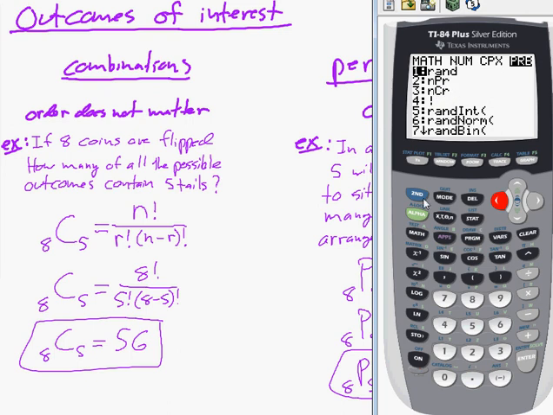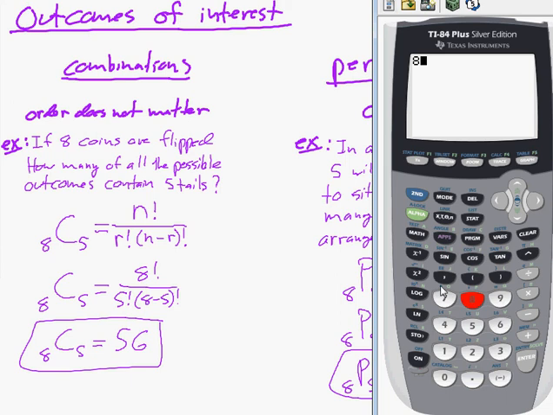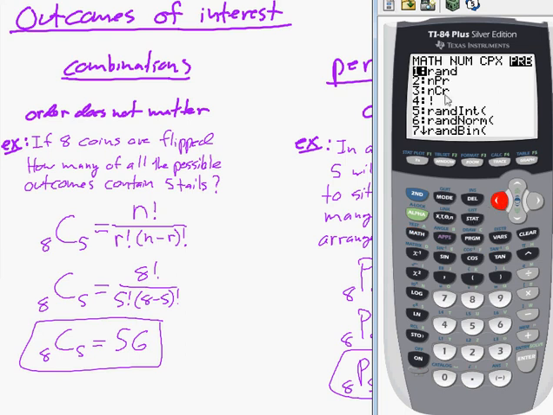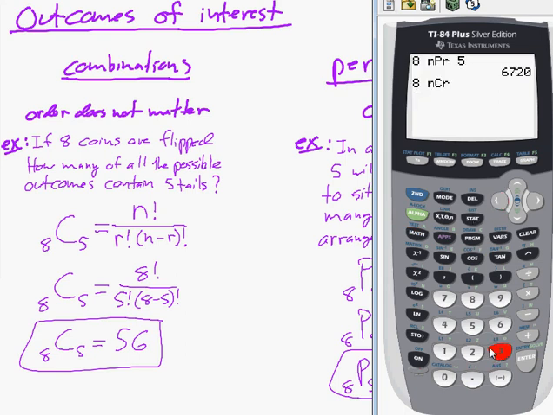What you actually need to do is go 8, math, probability, number 2, and then 5. That should give us this 6,720 number, and it does. And of course, if you wanted to, you could do the combinations one, and it should give us our 56.